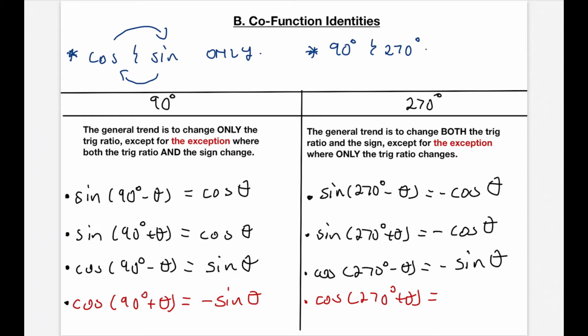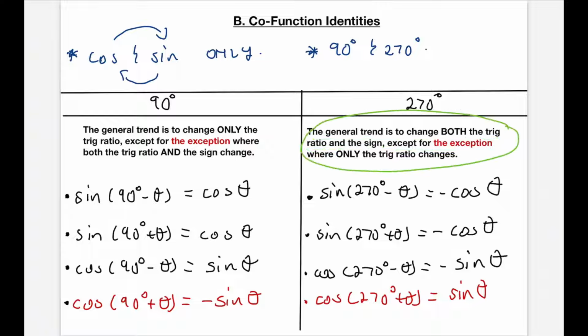A sine becomes negative cos, and a cos becomes negative sine. Except for the exception again, cos of 270 plus theta. This one becomes just sine theta. So the general trend is to change both the trig ratio and the sign, except for the exception cos of 270 plus theta, where only the trig ratio changes.